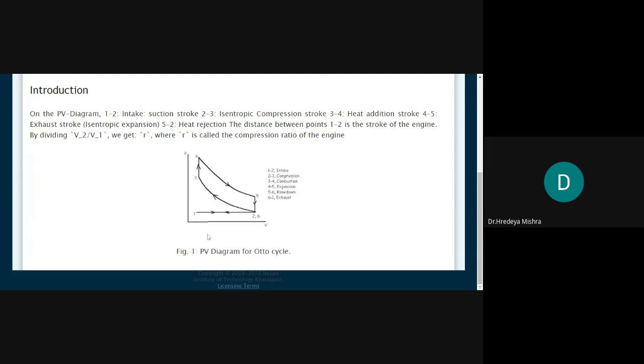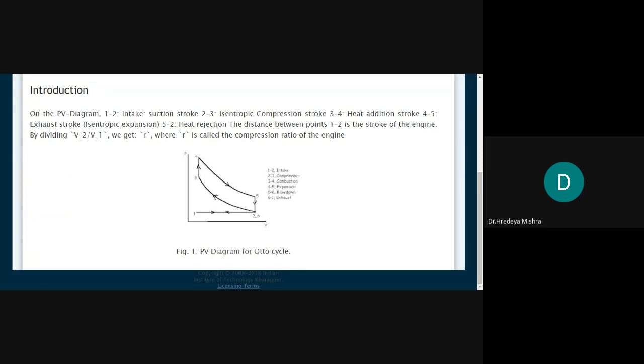If we talk about the SI engine or CI engine, both come under the IC engine, internal combustion engine. SI engine is spark ignition and CI engine means compression ignition.